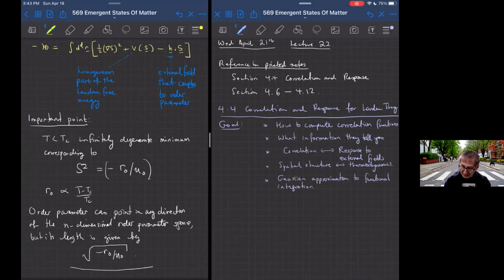So that's what we're going to do, and these results are very general, and they apply to discrete and continuous symmetries.